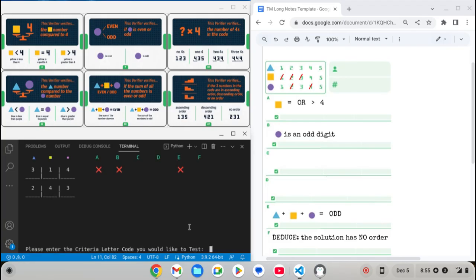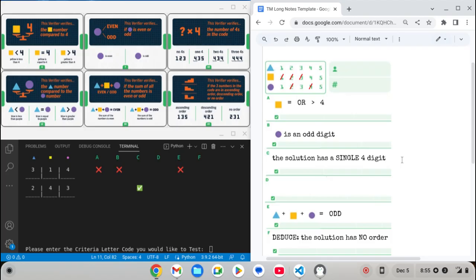And let's test criteria card C. Okay, so it does approve of a single 4. So that's awesome. So let's type it up as that the solution has a single 4-digit.